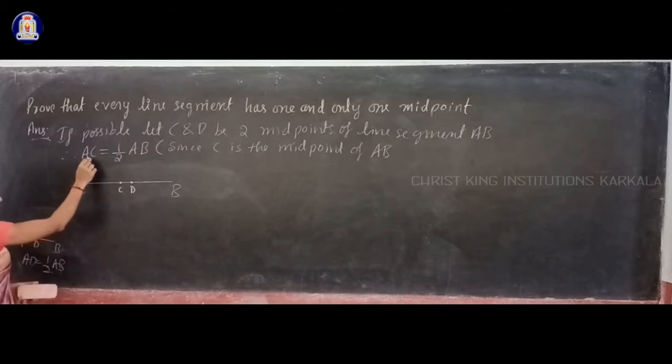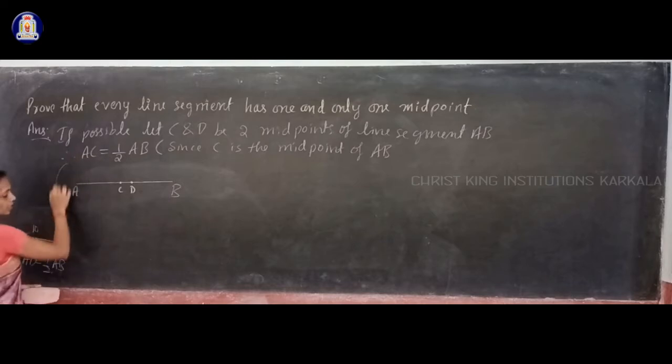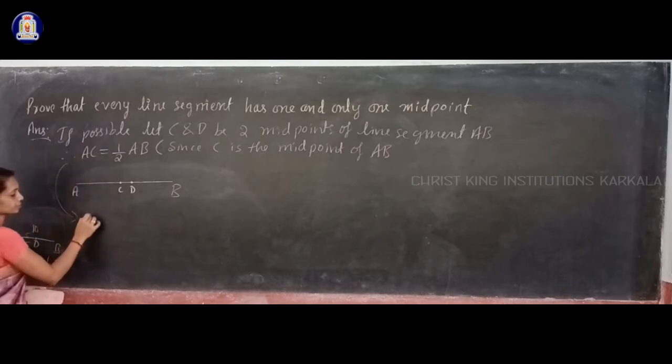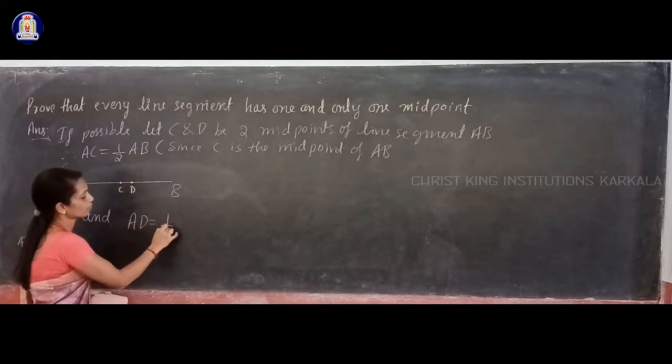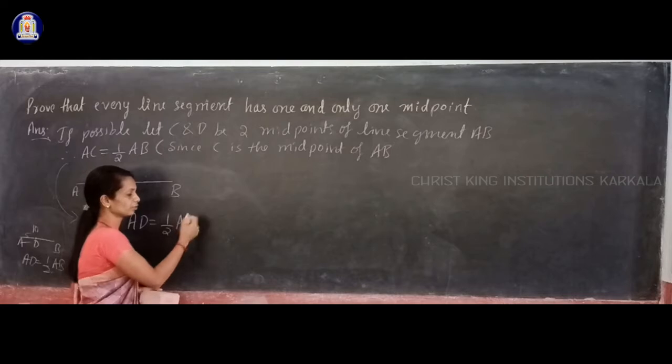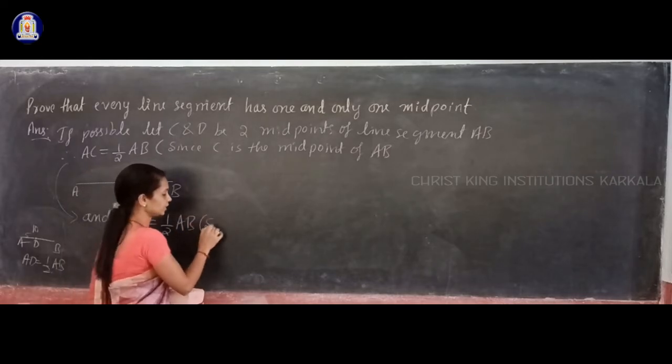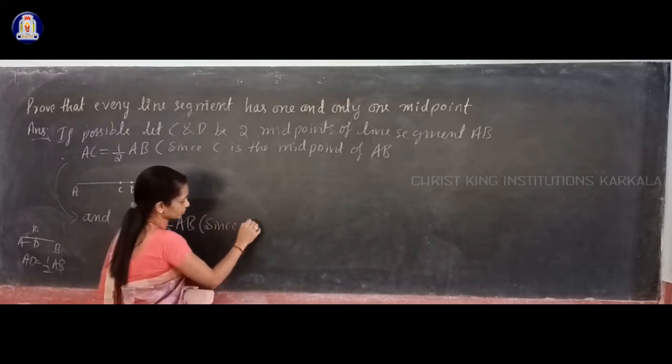So therefore, in the same way we can write one more: AD is equal to half of AB. This one we wrote why? Because D is the midpoint of AB.